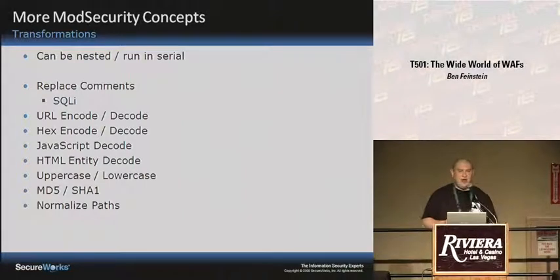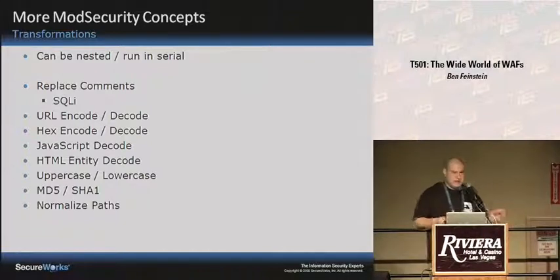One very useful feature is that it can normalize URI paths. So if you have directory traversal sequences, all sorts of strange directory traversals, it can normalize those into a nice standard path that you can match against. It's important to understand the transformations when you're looking at how to write rules and how to protect things with the ModSecurity firewall.